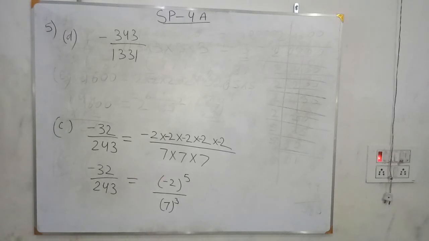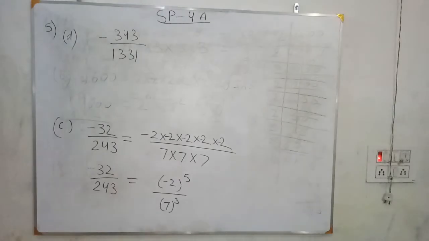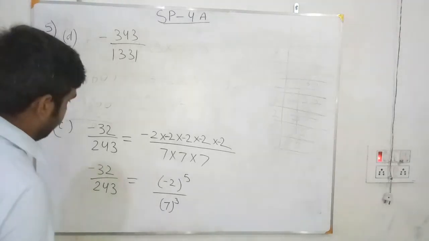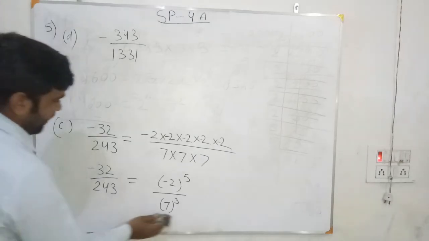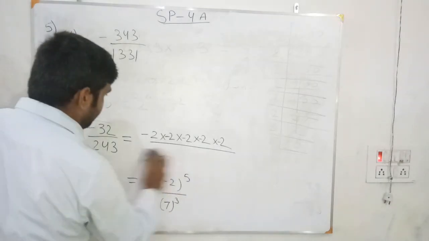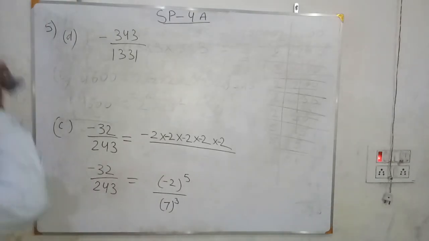In the last question we had 243, and here we got 343. Sorry, in the last question there is 243, and in the place of 243 we cannot write this.